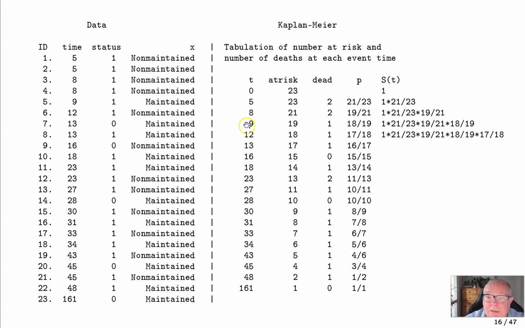The next time, time 9, there's 1 death, we multiply the survivor function by 18 over 19. So every time that there's a death, the estimated value of the survivor function drops, and then it remains constant until there's another death. It remains constant when there are censorings.